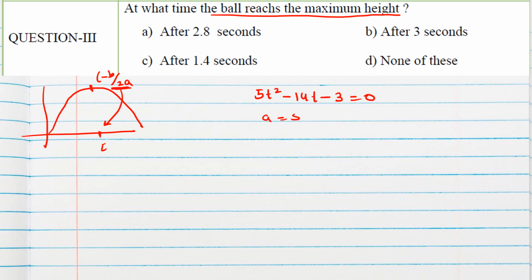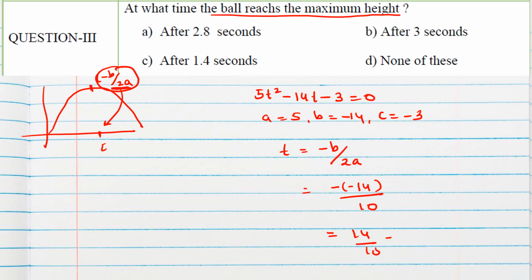Here a is 5, b is minus 14, c is minus 3. So at maximum height, time is given by minus b by 2a. Substitute the values: minus of minus 14 by 10, so 14 by 10 that is 1.4. After 1.4 seconds, that is in option C. So option C is correct.